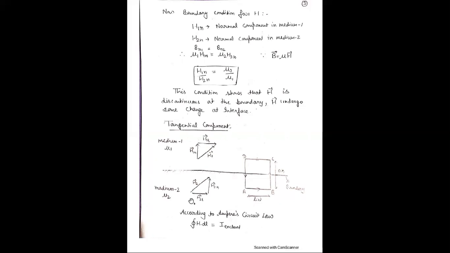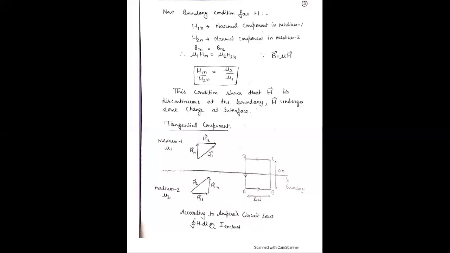In the similar way, here H2 is the field in medium 2 whose normal component is H2n and tangential component is H2t. Here let us consider a rectangular closed surface. Here AB is the width delta W and the height is delta H.